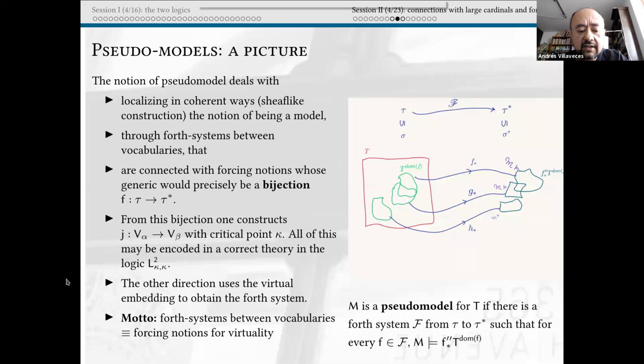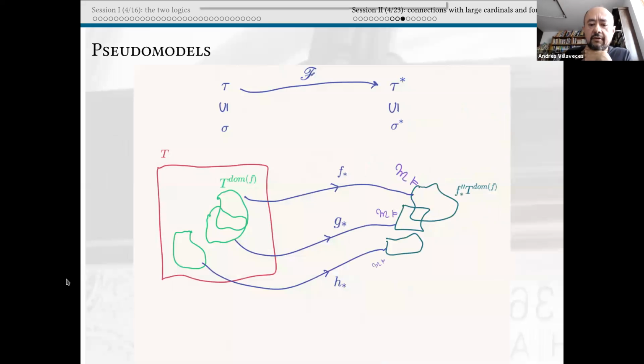So back and forth systems are good approximations of weak versions of isomorphism. Fourth systems would then correspond to weak approximations of embeddings. So this is the first picture I wanted to share with you.